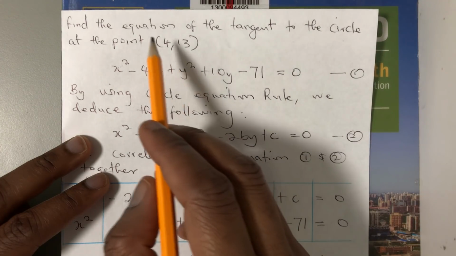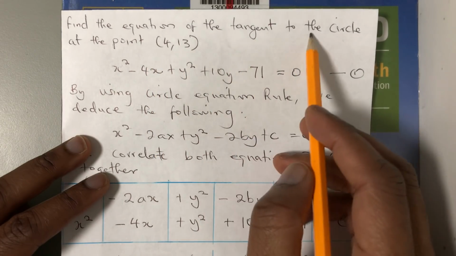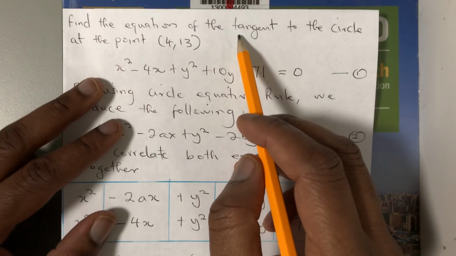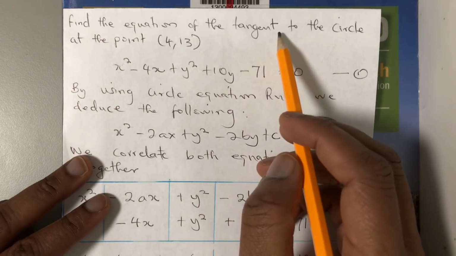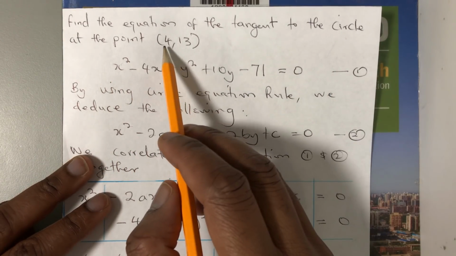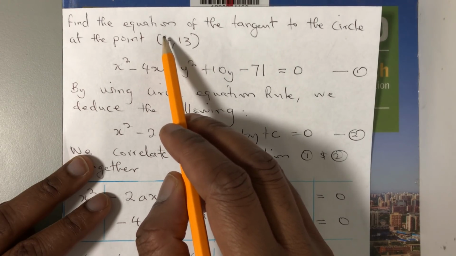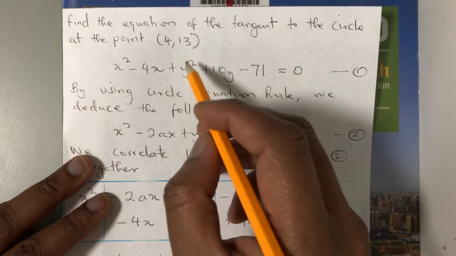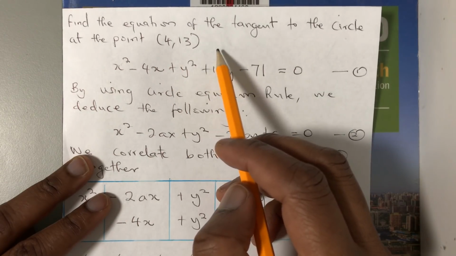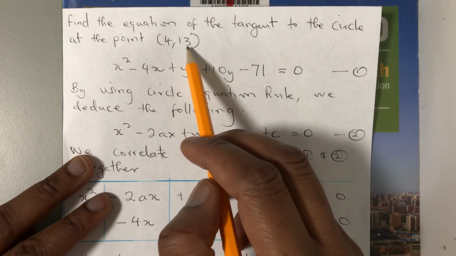Once again, finding the equation of the tangent of the circle at point (4, 13). That is to say, when x equals 4 and y equals 13.